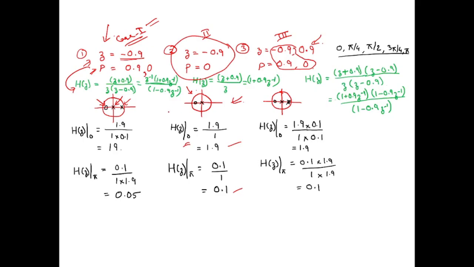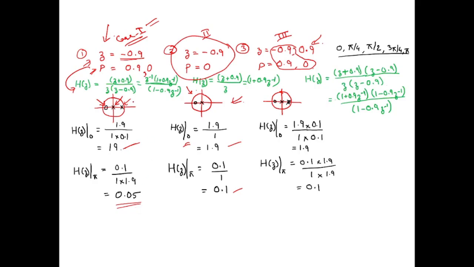So when we are having this additional pole, at DC frequency we are having an amplitude gain of 19, and at pi we are having a gain of 0.05.